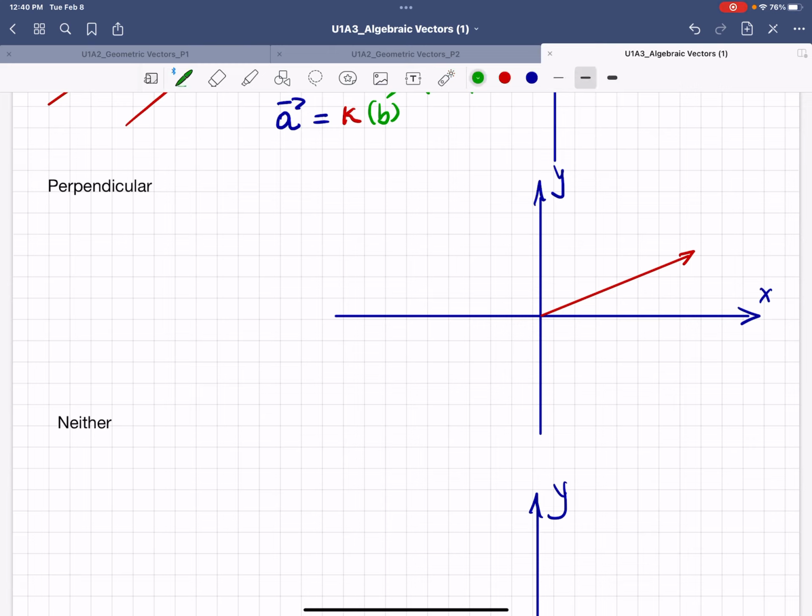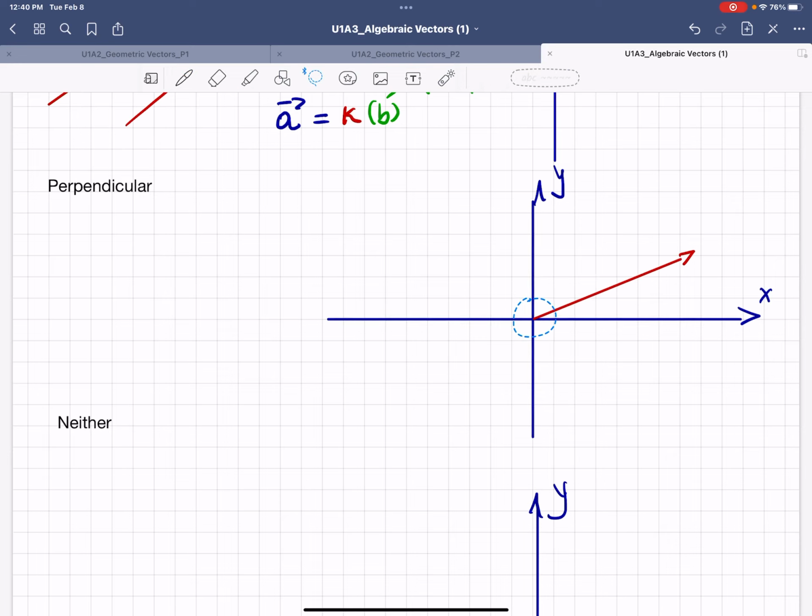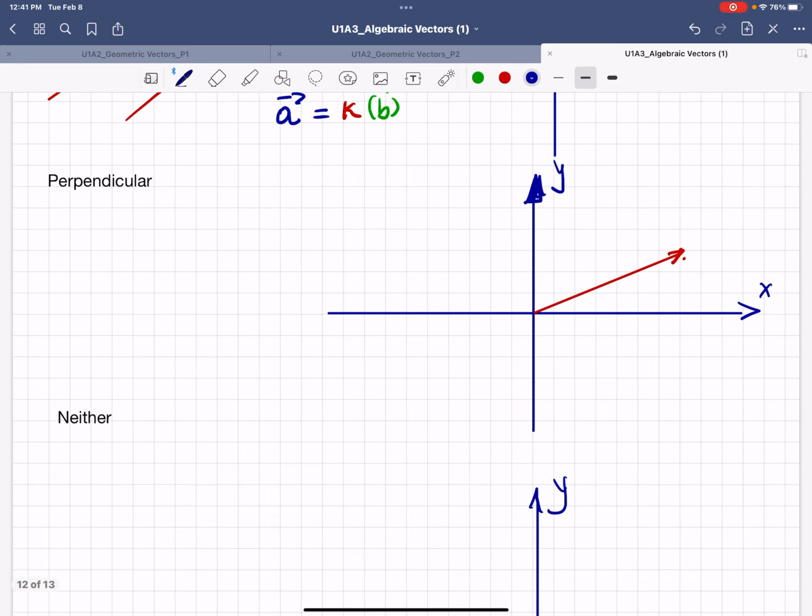So this time, we have that same vector with coordinates x equals 7 and y equals 3. Let me bring this a little bit closer. All right. And we are going to build a vector perpendicular to the given one. So what I'm going to do here is go 90 degrees from the origin.